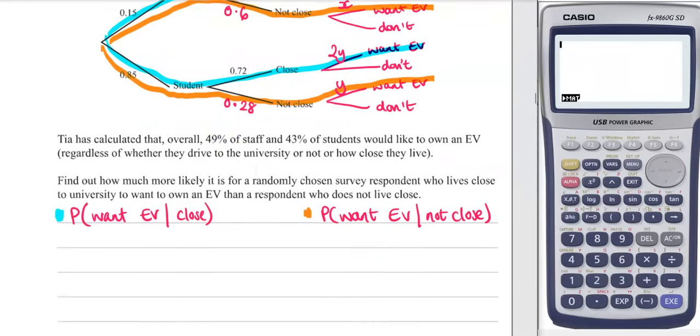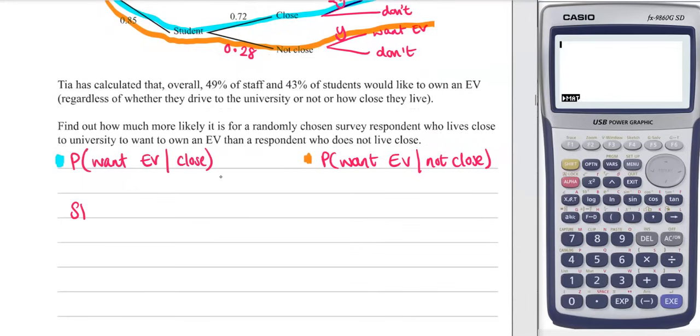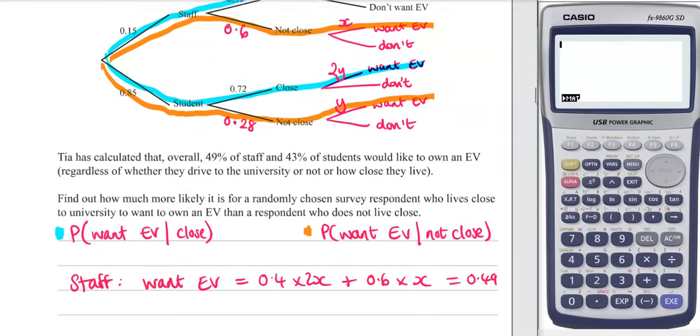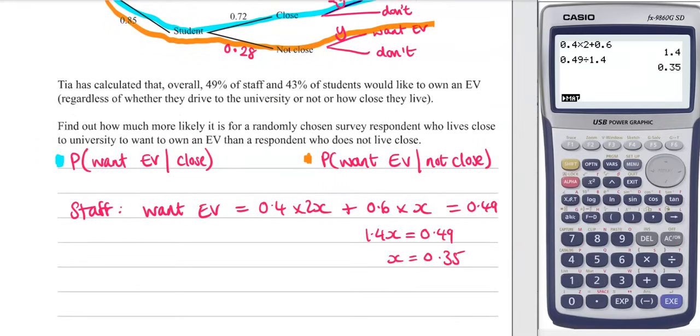So if we consider the staff first, want EV would be 0.4 times 2x and 0.6 times x, and it's equal to 0.49. So x is 0.35.